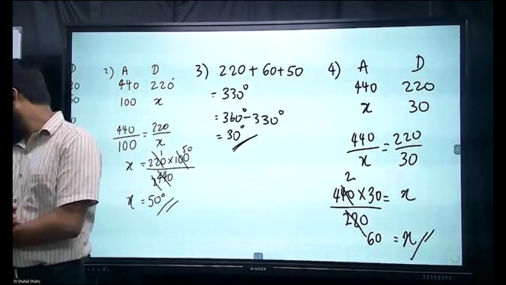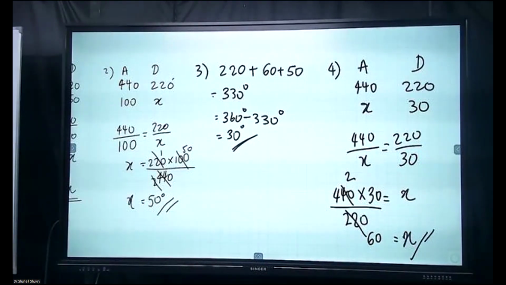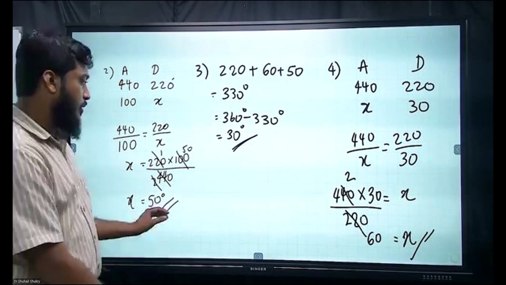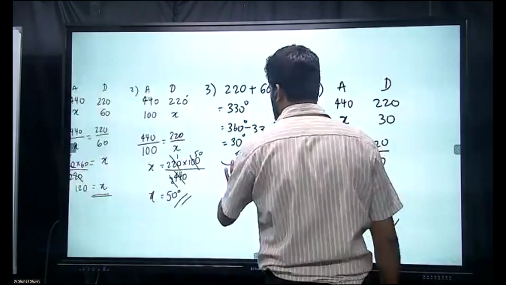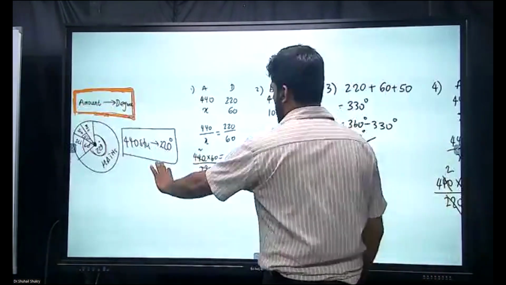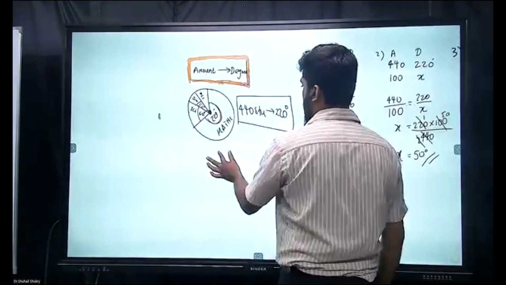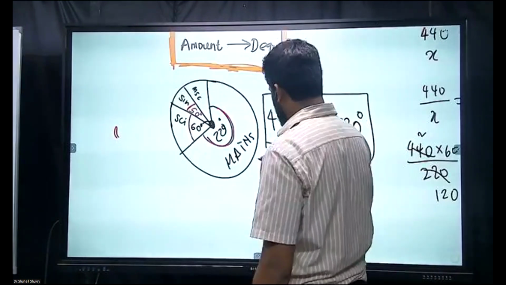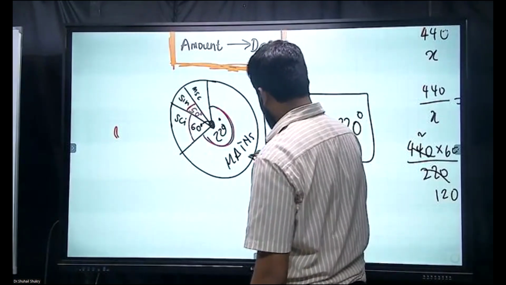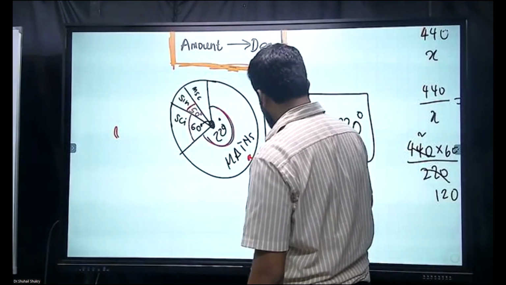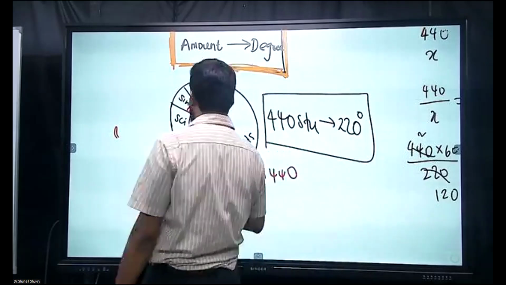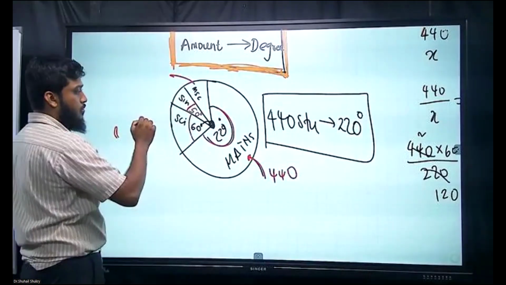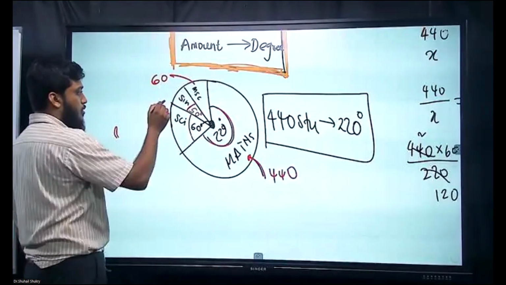All right. Number 5. If 40 students change their favorite subject to music from maths. Now we'll put the people who like each subject, right? How many as a number? I'll put the number here. How many people like maths? 440 people like maths. Music, we found 60 people like music.